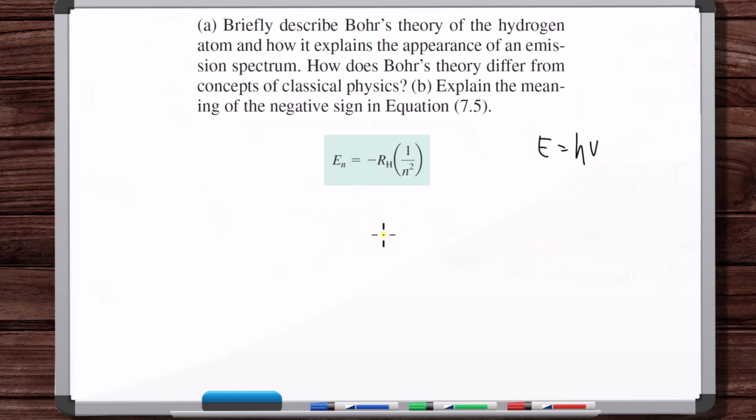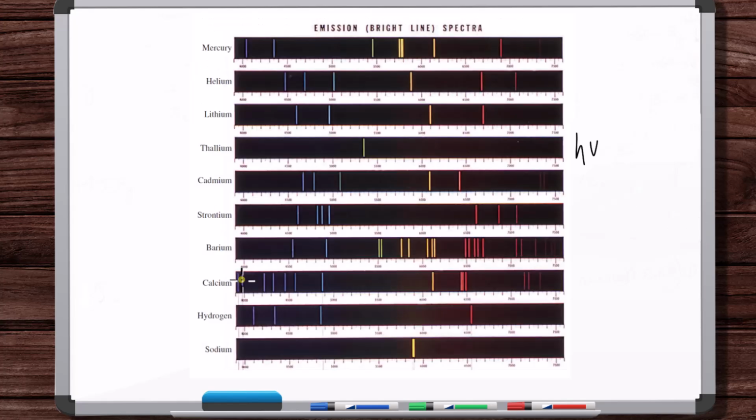And Bohr used that to describe the physical nature of the hydrogen atom and come up with a formula for the emission spectrum. And what he said was that the electrons can only occupy these discrete energy levels. These quantized energy levels are around the atom. And he came up with a formula where you could only input n equal to 1, 2, 3, 4. It's quantized, right? With this constant here that explained the hydrogen emission spectrum. It could model the hydrogen emission spectrum.